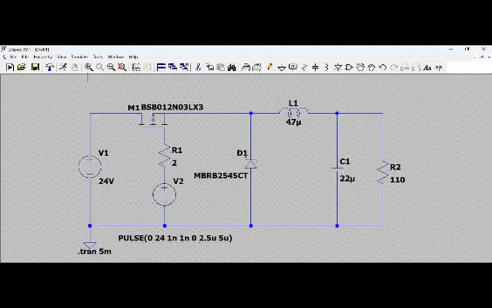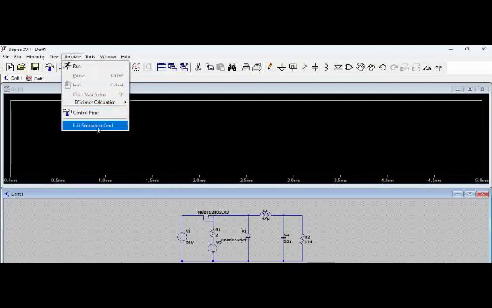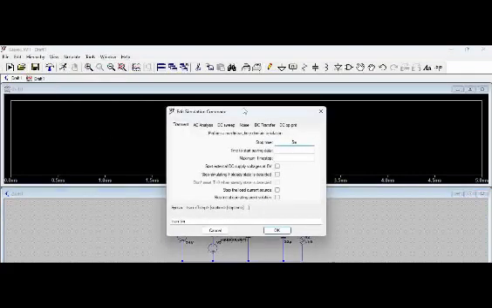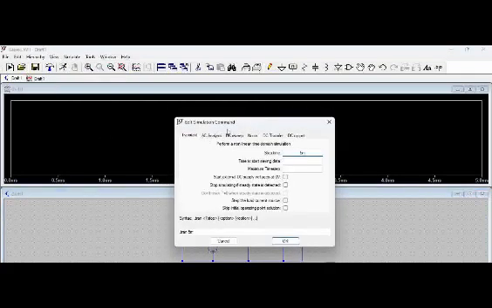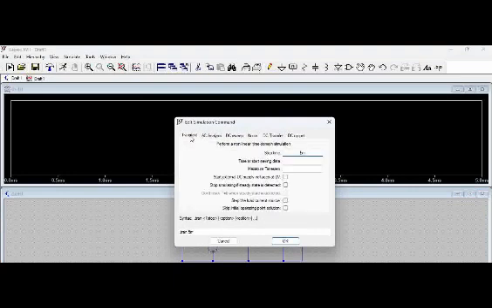Now let us try to simulate this. When we simulate this, the first and foremost thing that we do is simulate in a transient analysis. We don't want to do AC analysis or the DC sweep analysis. We just want to see how the initial conditions are, and then in the steady state how the signal has settled down.